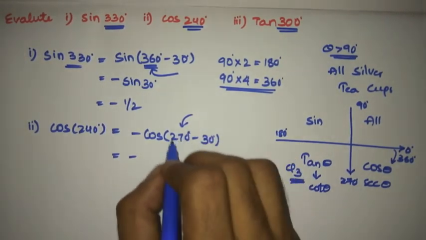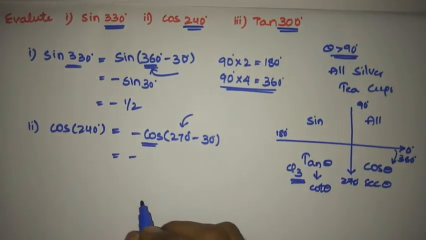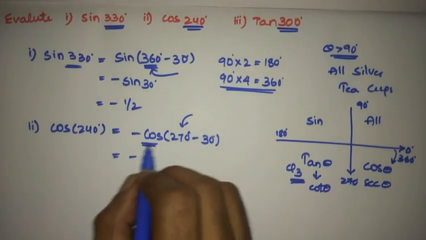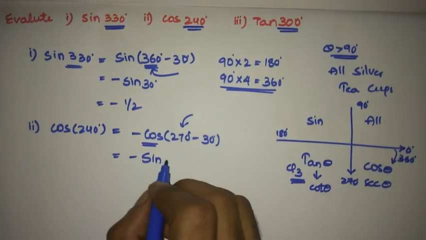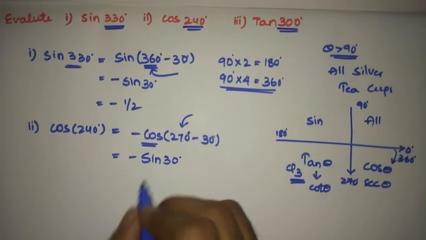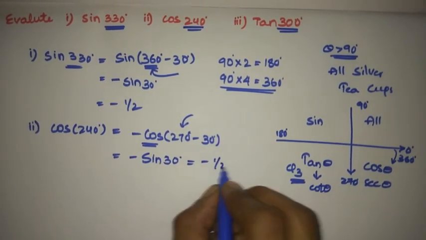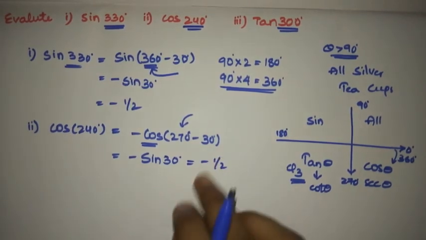Because it is an odd multiple, we need to change this trigonometric ratio. That means we need to write its complementary. Cos's complementary is sin, and whatever angle we have, we must write it here, 30 degrees. So minus sin 30, whose value is 1 by 2. So we have cos 240 as minus 1 by 2.